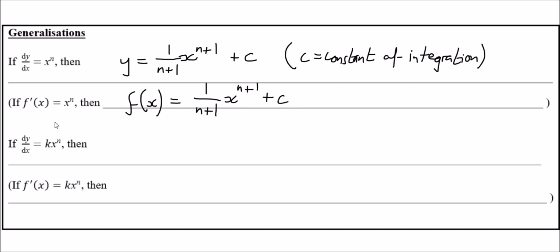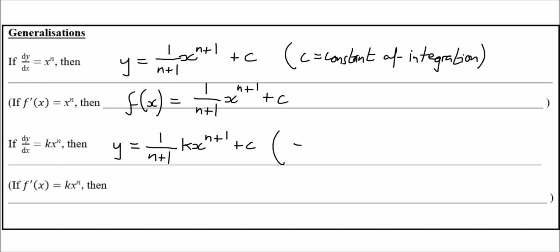And it also works if you have a constant term before the variable, for example, the constant term k. So if the gradient function is kx to the n, then in almost exactly the same way, the original function y will be 1 over n plus 1, then kx to the power n plus 1 plus c.